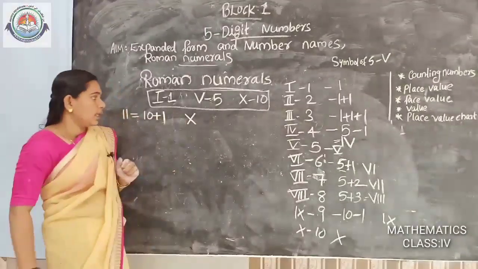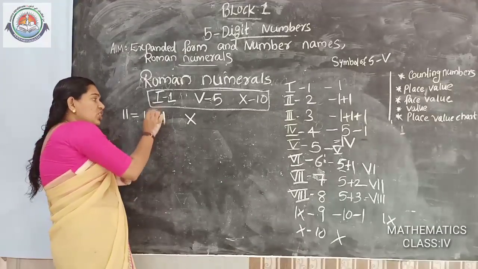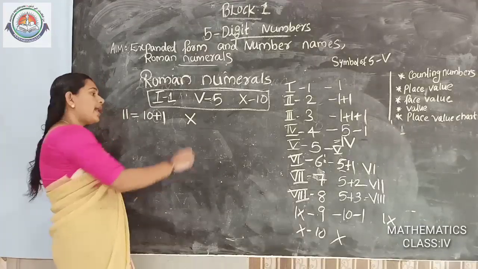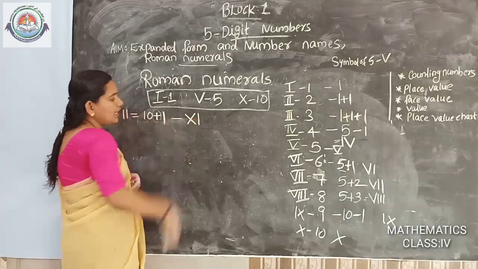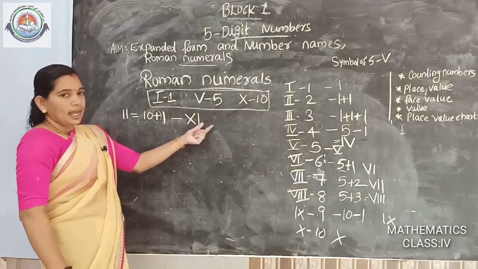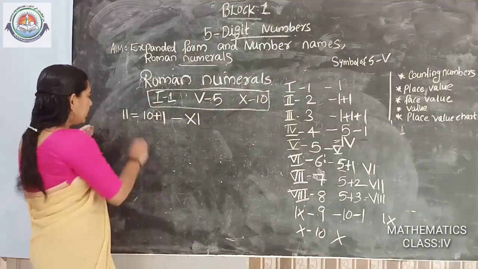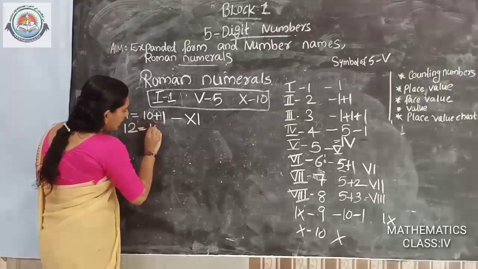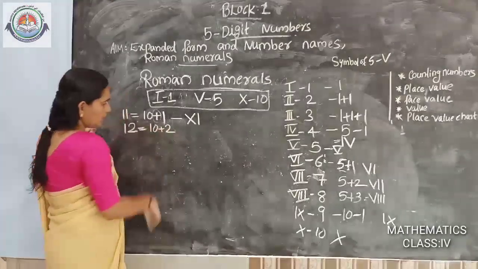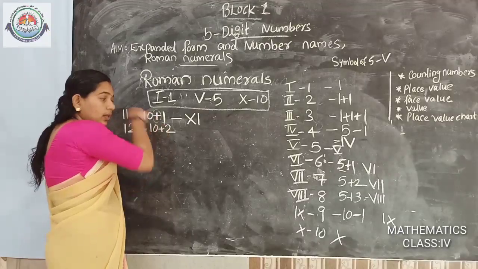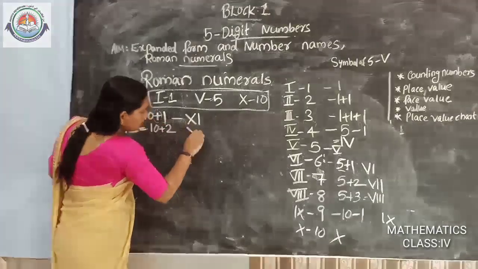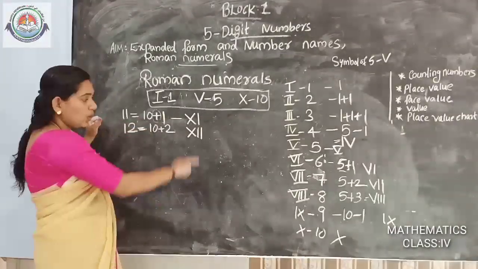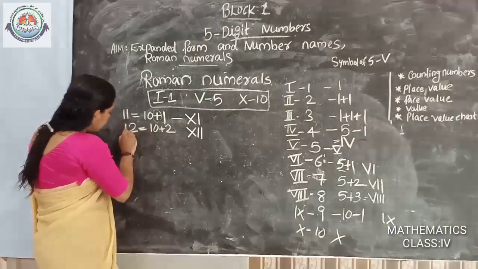X. Then what? Here addition. So where do we write the smallest term? On the right side. So symbol of 11 is XI or this like symbol. Then 12. 12 means 10 plus 2. So here also addition. We will write the symbol of 10 and symbol of 2. So 12. Next 13.